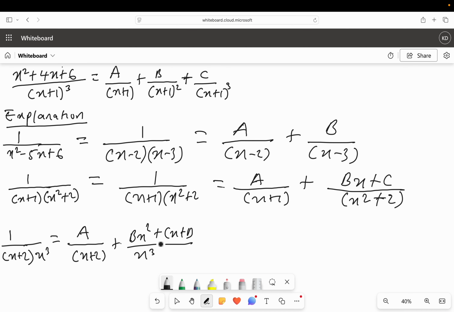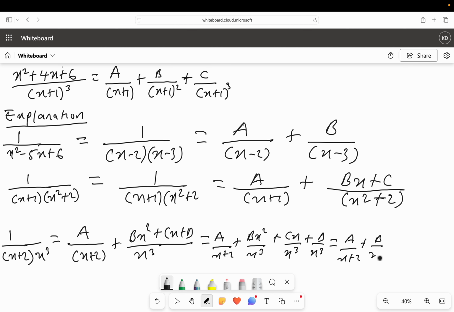So I can decompose this term further and I will have a over s plus 2 plus bs squared over s cubed plus cs over s cubed plus d over s cubed, and that will reduce into a over s plus 2 plus b over s plus c over s squared plus d over s cubed.